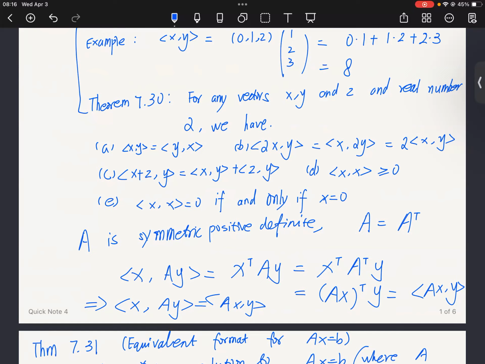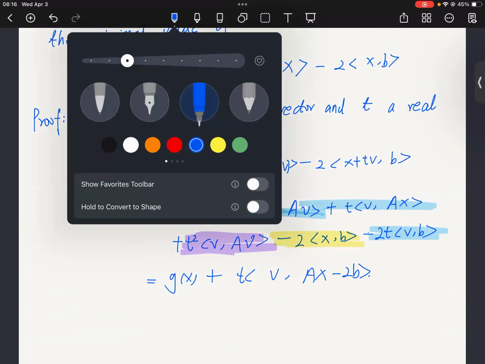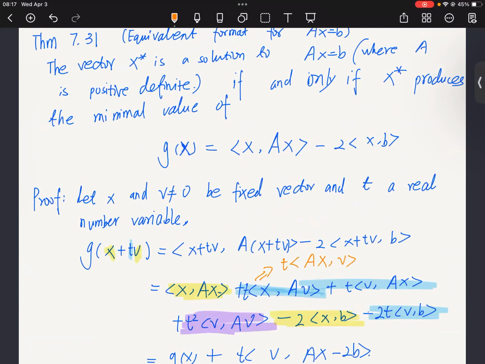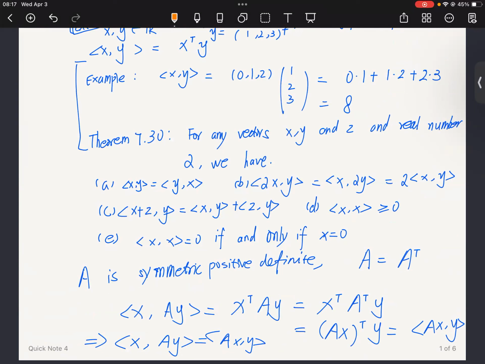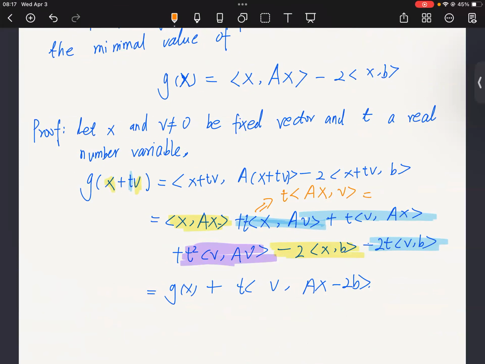Let's go back to what we have in the proof. For this component, it's just t times the inner product of AX and V. And because we can switch the positions of the components in the inner product, we can switch them here too, and get t times the inner product of V and AX.